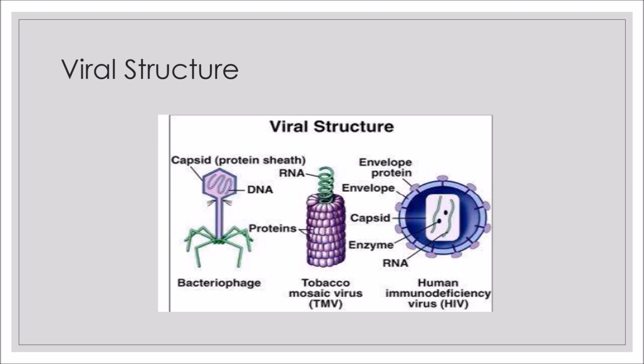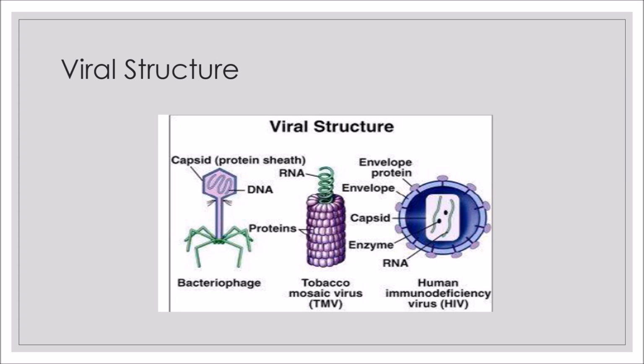That is the genetic material, and the outer covering is protein. In human immunodeficiency virus, there is a protein envelope above it. Inside you can see the capsid, enzymes, and the RNA, the genetic material. So these are the different structures of viruses.